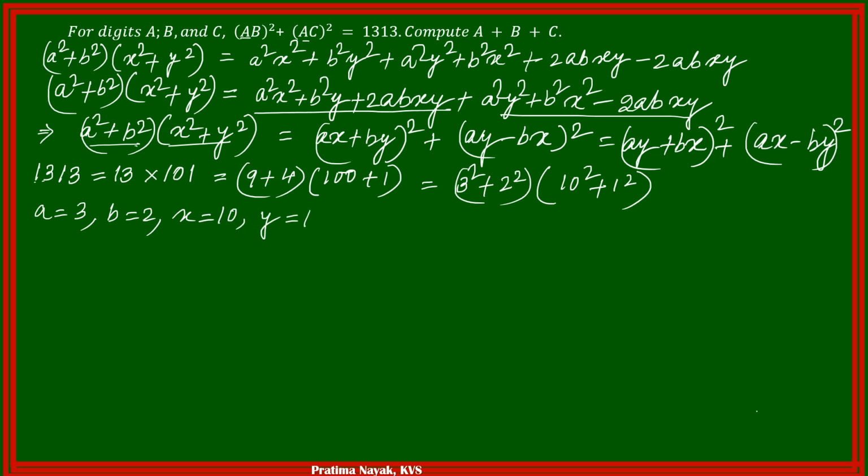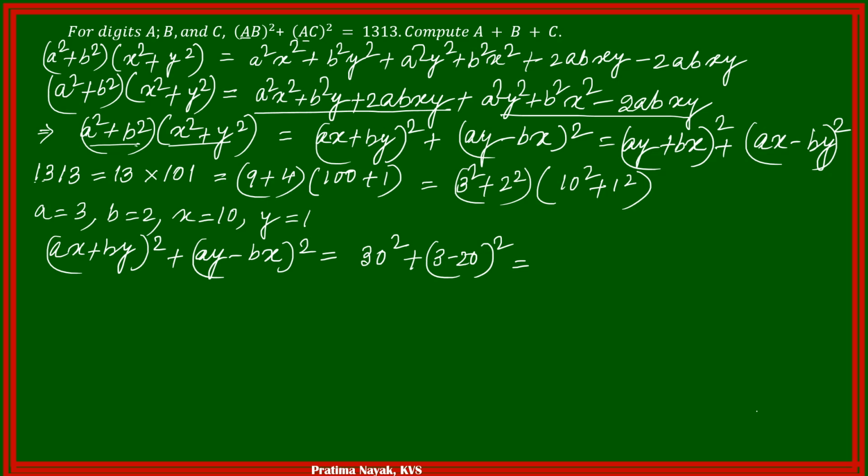So I'll write this either in the form of (ax plus by) whole square plus (ay minus bx) whole square. So ax means 10 into 3, 30, square, plus ay is 3 minus 20, whole square.